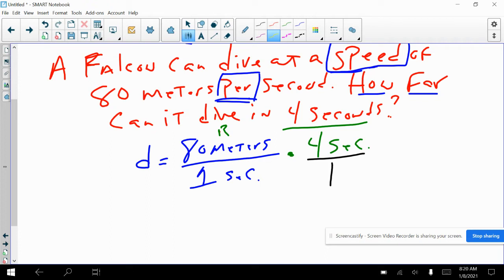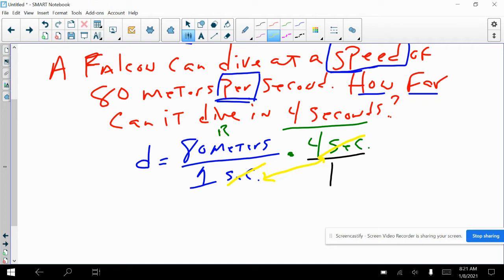See how you have seconds that are diagonal from each other? As long as they are diagonal, you are crossing off the seconds, not the numbers. You need the numbers, but you're crossing off the label that we don't need. The labels cannot be side by side when you cross them out.